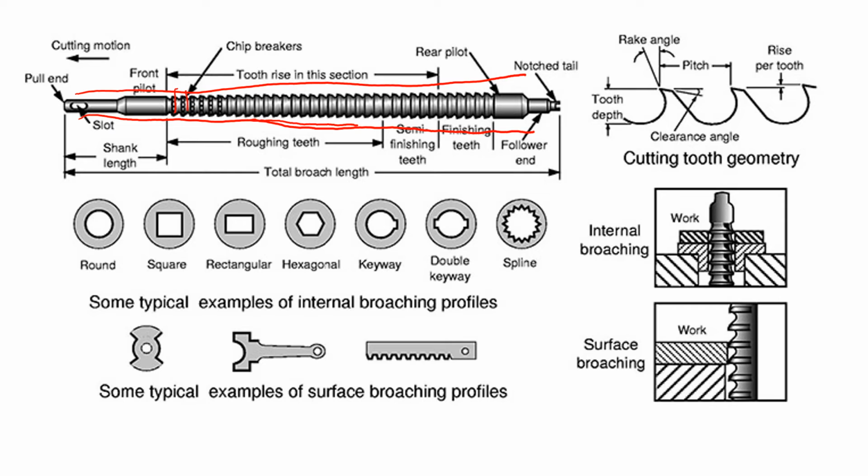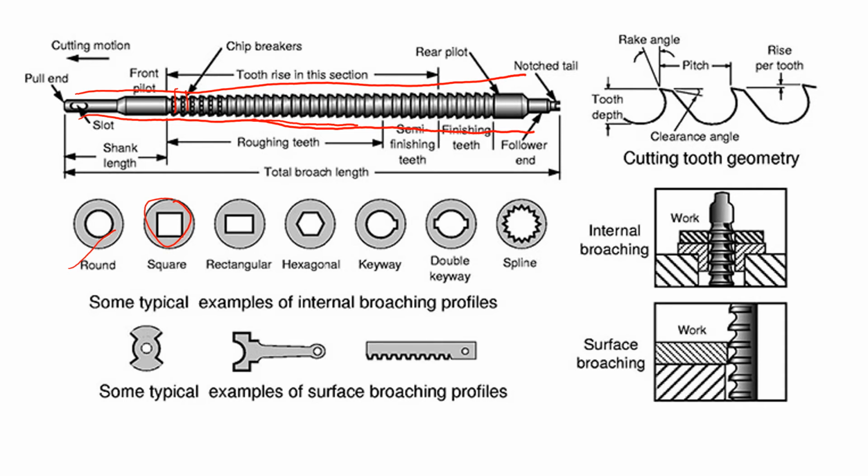There are two types of broaching, internal and also external broaching. So this is showing an example of internal broaching. The final shape will look like this one.